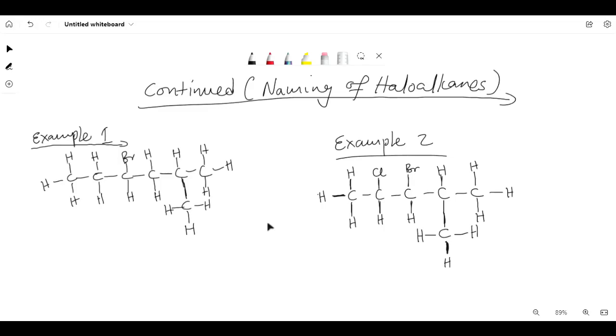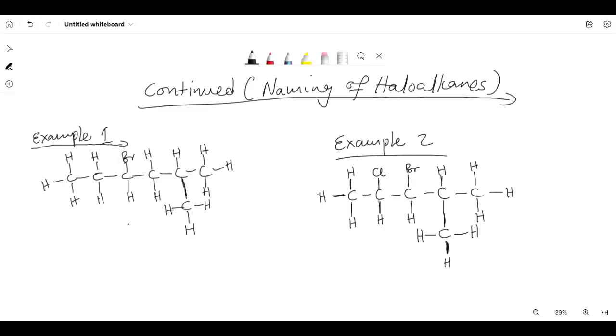Okay, so now let's start naming our haloalkane. One of the guidelines says that the alkyl group can be preferred over the halogen depending on the situation.